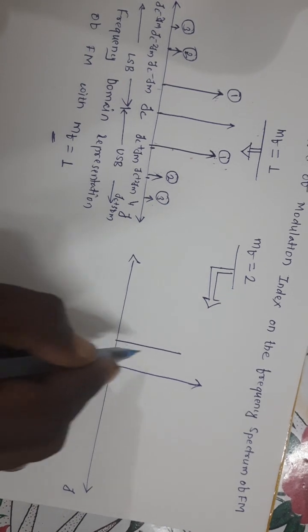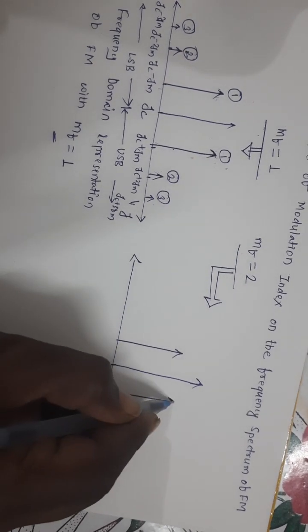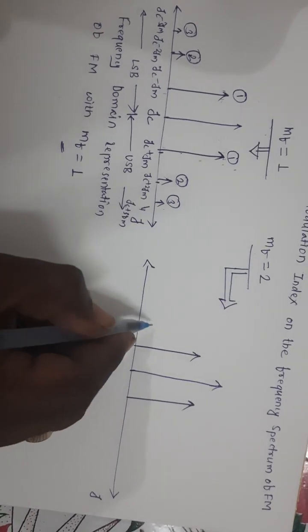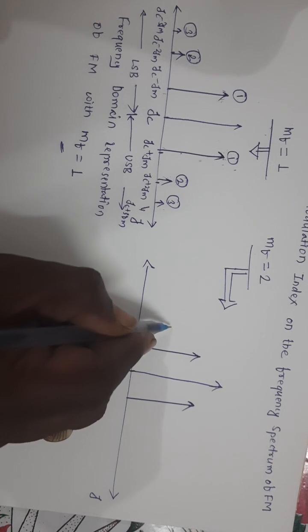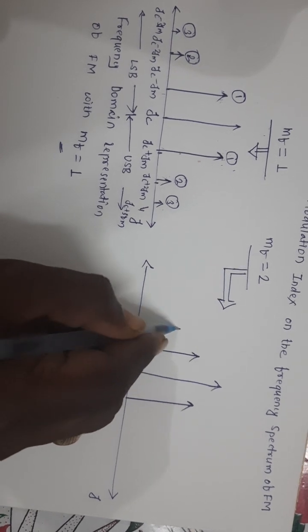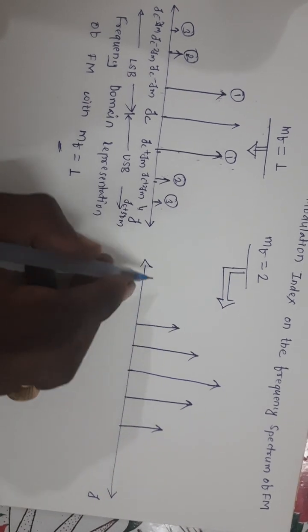I am just trying to draw the frequency spectrum of FM with MF equal to 2.